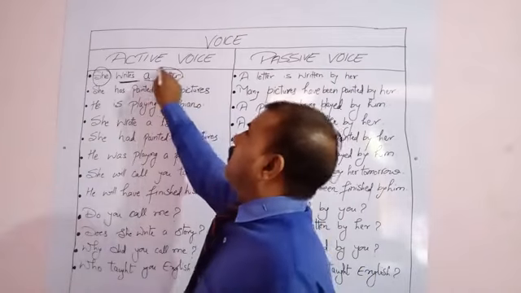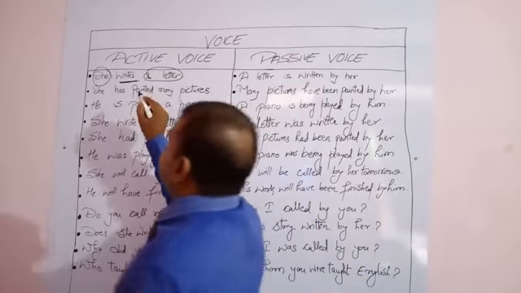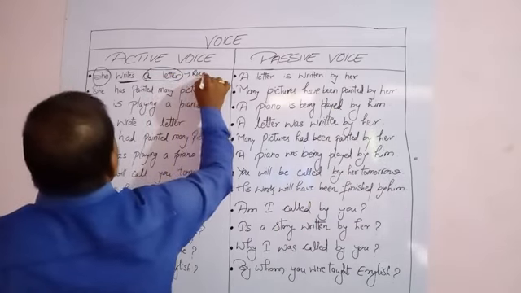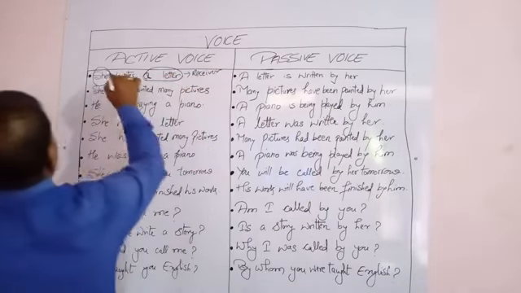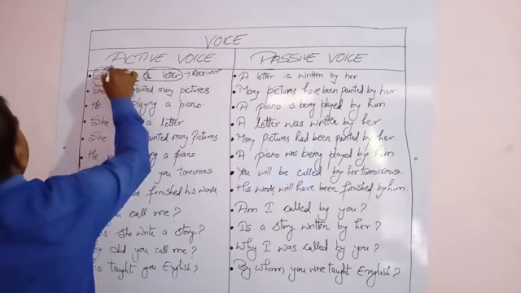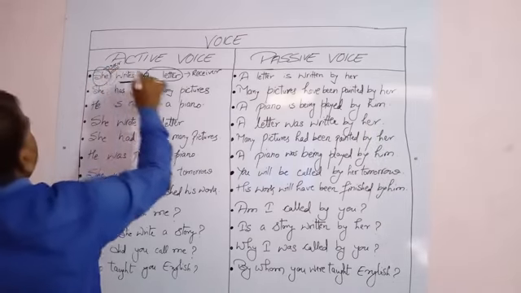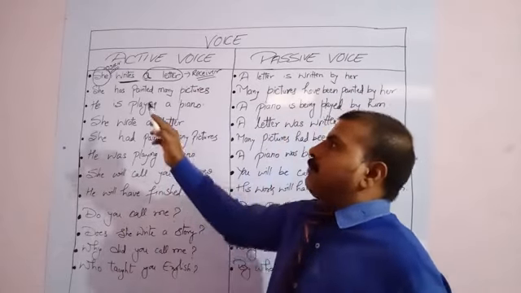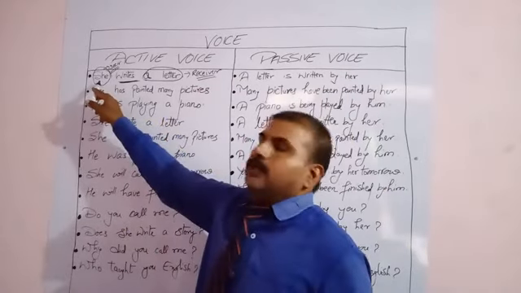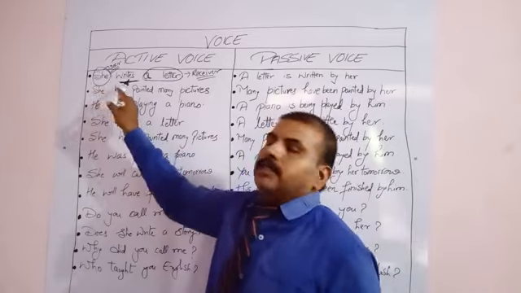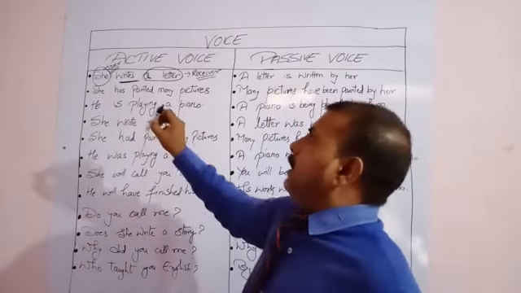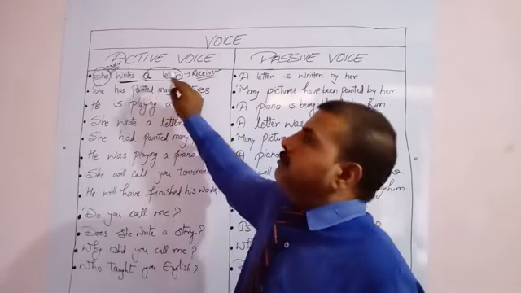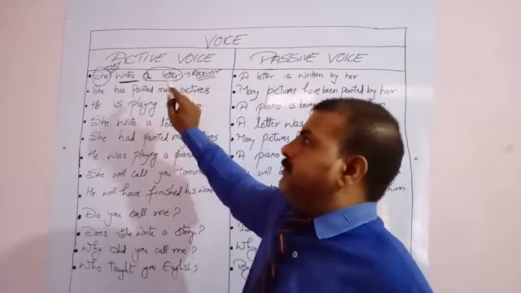A letter. So here the doer of the verb is the subject and the receiver of the verb is the object, which means it is active voice.